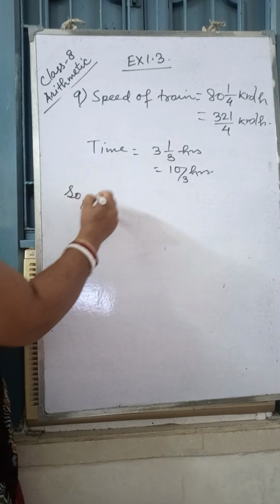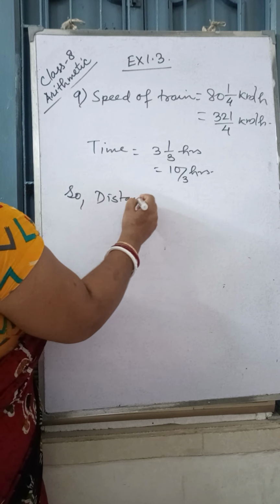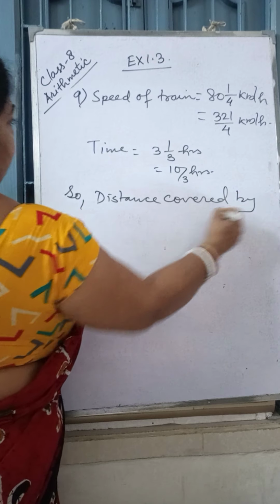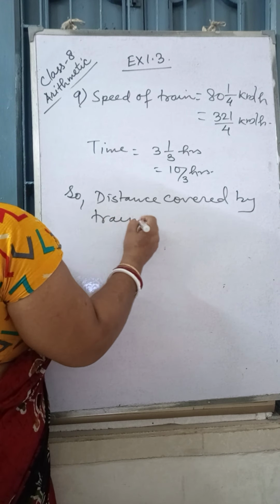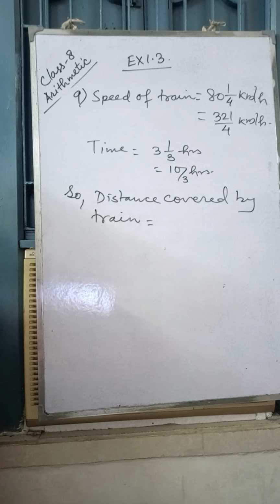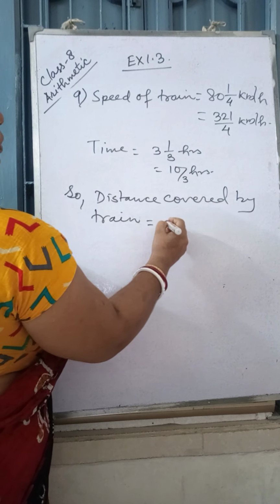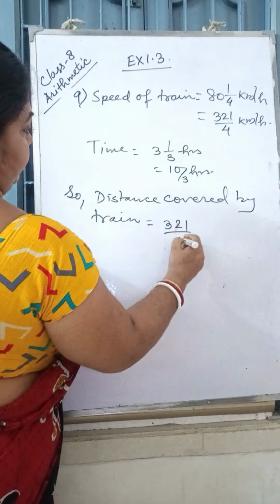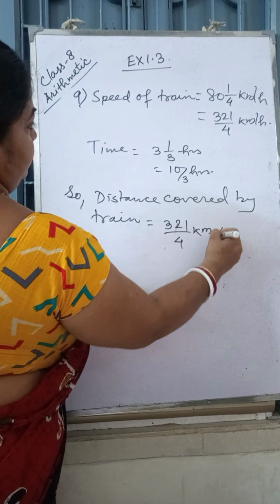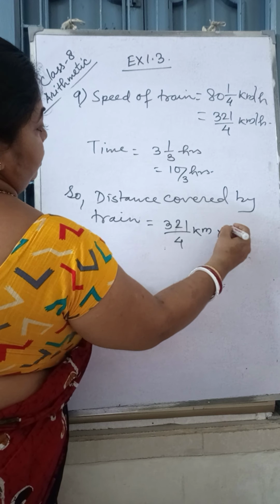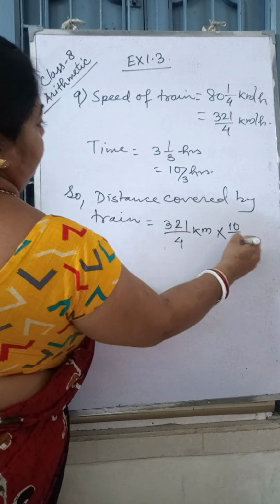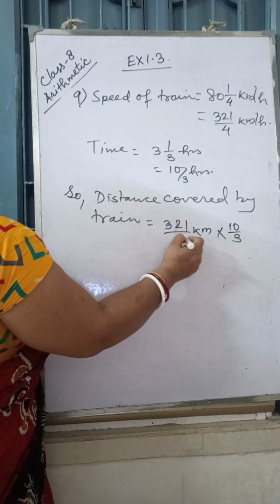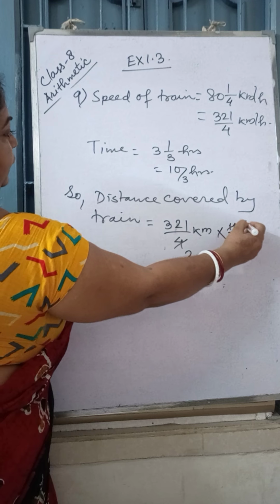So the distance covered by train is 321 by 4 km into 10 by 3 hours, and we cancel. 2 2s are, 2 5s are.